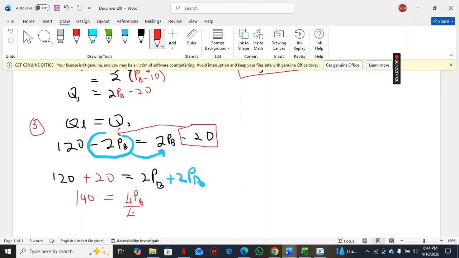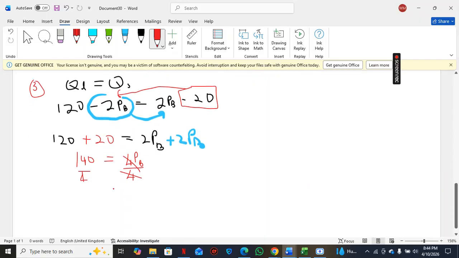So we divide both sides by 4. 140 divided by 4, that is 35 kwacha. So PB, the price the buyers are paying, is 35 kwacha.